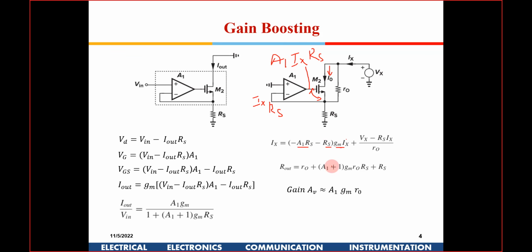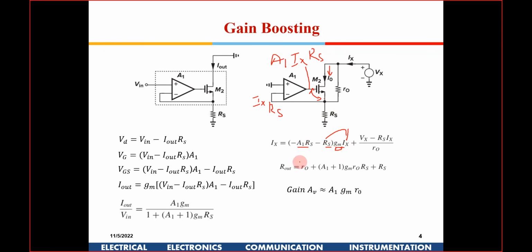Is it okay with all of you? Yes, sir. Okay, so this is actually A1 Ix Rs. So this Ix has been taken out here for this voltage. This voltage is Rs into Ix, so this Ix is again taken care of. And for the current you have to multiply with GM of this transistor, so that GM has been taken here.